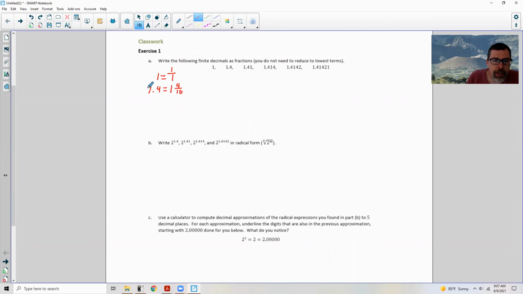If you say it that way, 1 and 4 tenths is 10 times 1 is 10, plus 4 is 14, over 10. So there is 1.4 as a fraction. Next one is 1.41. Let me change colors in between these because it's going to get a little close.